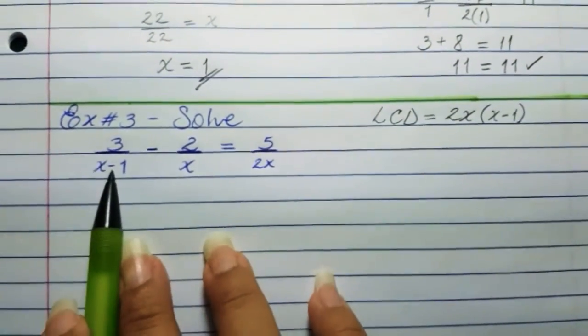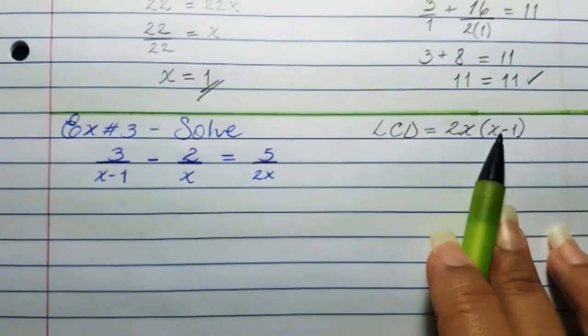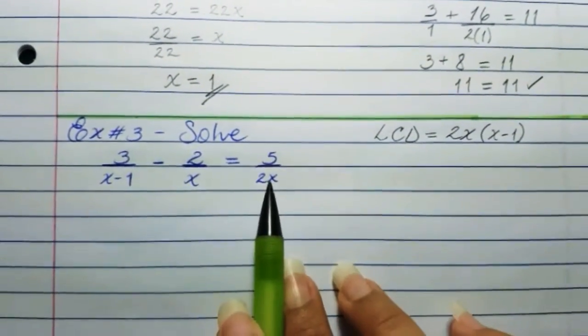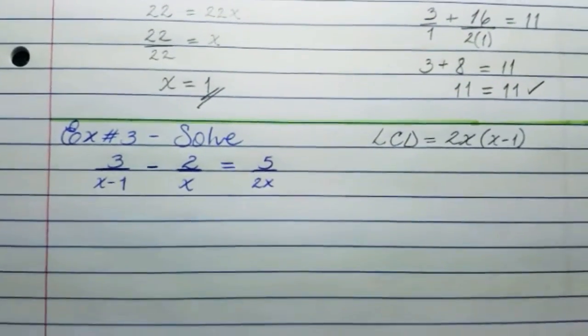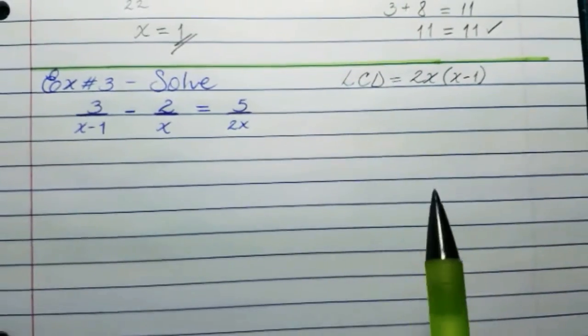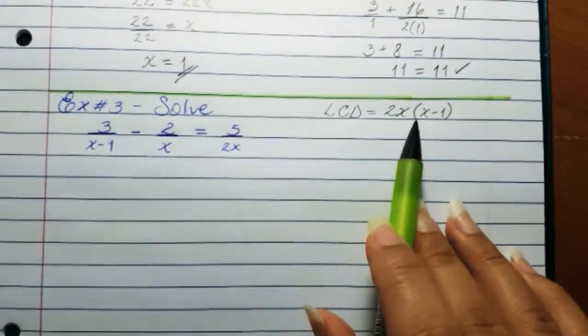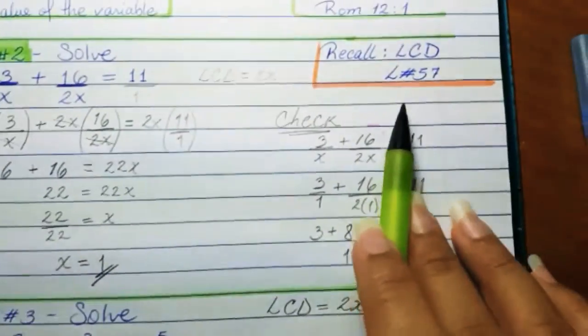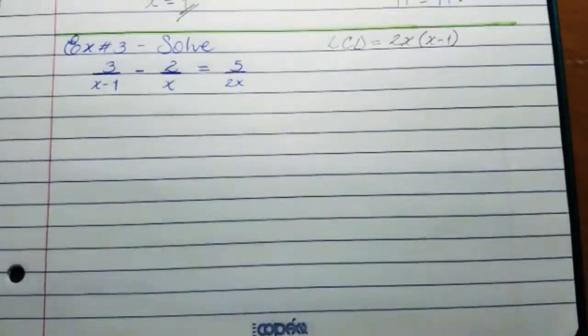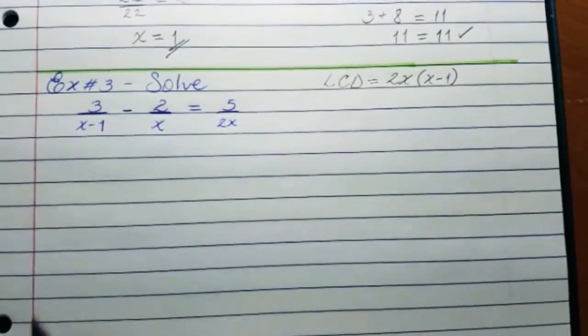Let's see. x minus 1, x minus 1. x, x. 2x, 2x. It contains everything. So that's going to be our least common denominator. Remember, if you don't remember how to calculate the least common denominator, you can go to lesson 57 and check it out. Let's move on to example 3.